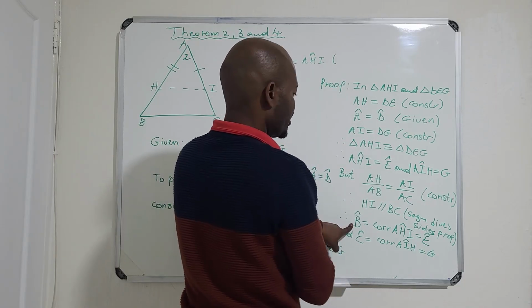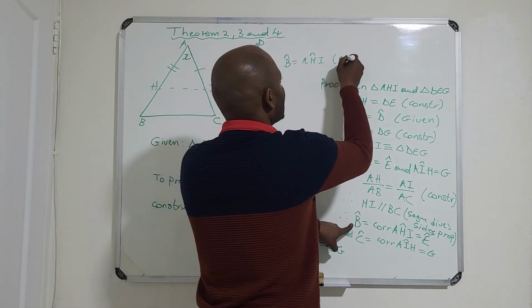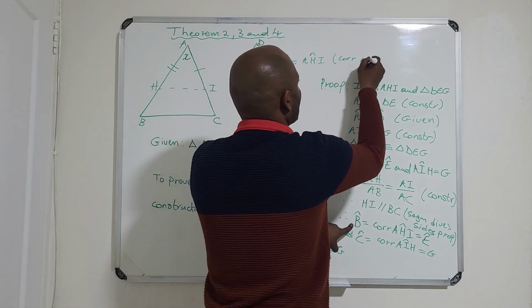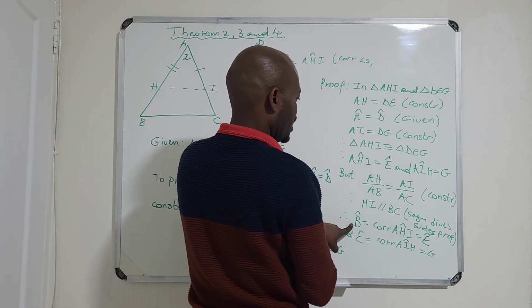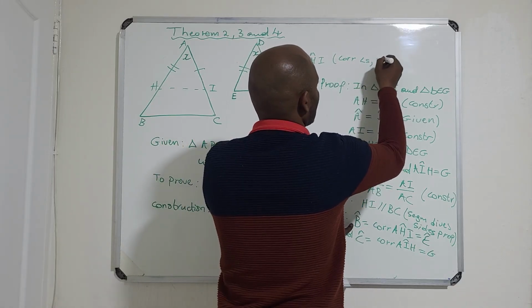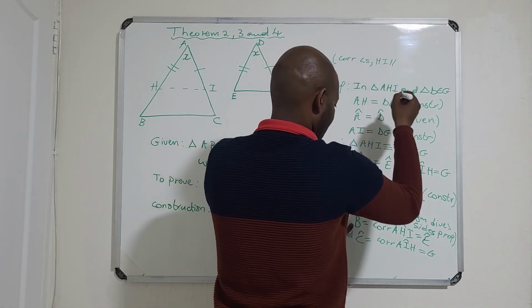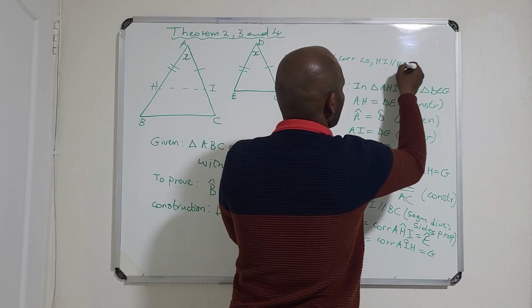Then we give a reason: corresponding angles. Why are they corresponding? It is because HI is parallel to BC.